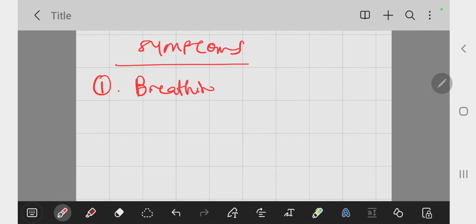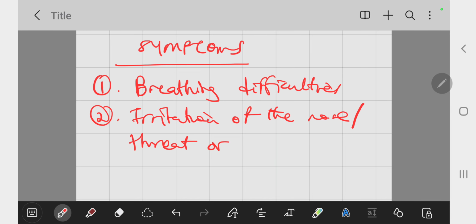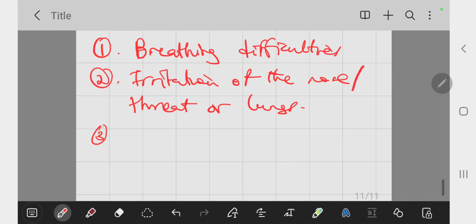So number one, you have breathing difficulties. That person will be having challenges breathing. Then number two, you have irritation of the nose or throat or lungs. If you experience that, then yeah, RIP. Nah, just joking.